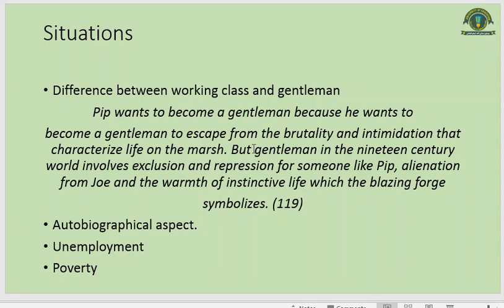When he becomes an adult, he wishes to get rid of his association with Mr. Joe. Also he tried to get rid of all previous connections from the marshy area, and he wished to become a gentleman. So here you can see that in city areas he becomes a more rigid type of personality.